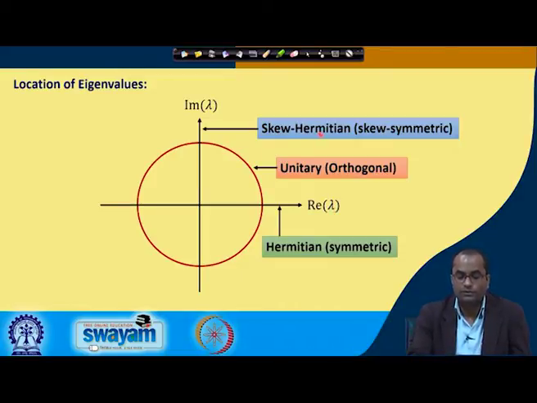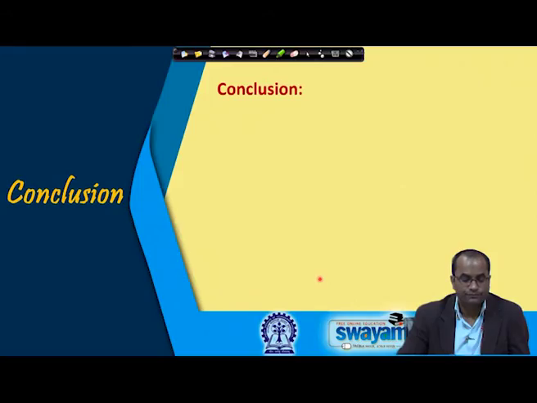So, for skew Hermitian and skew symmetric, we have the same thing; for unitary and orthogonal, we have the same result, that they are of unit modulus. For Hermitian and symmetric, we also have the same result for both, that they are real.